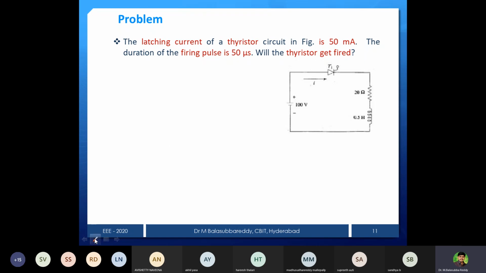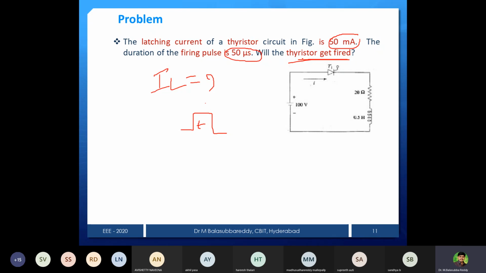What is the difference between the previous problem and this problem? Previously, the current was given and they asked for the width to maintain it, and we calculated T. But in this case, the latching current is given and the width is also given. What we need to find is whether the thyristor will turn on or not.